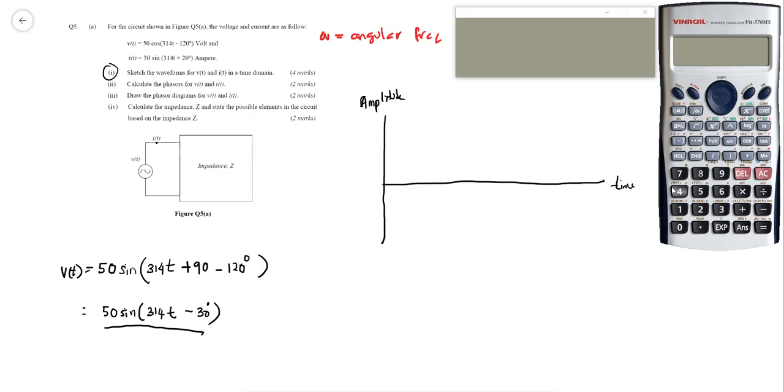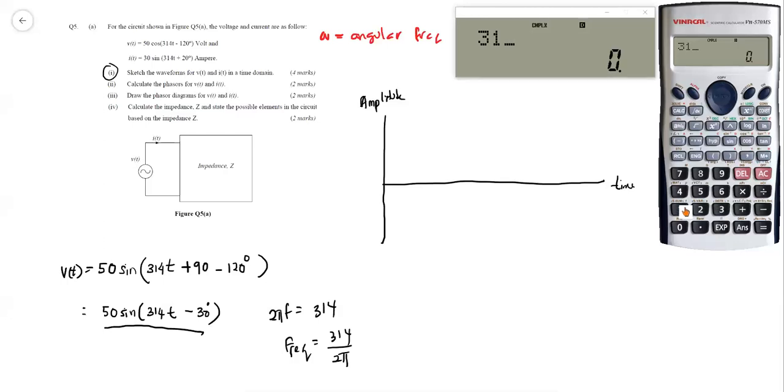So right now, what is the frequency? 2 pi f is equal to 314. So your frequency is 314 over 2 pi. By using calculator, can you see the calculator? Yes, doctor.